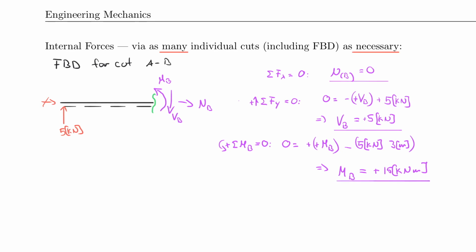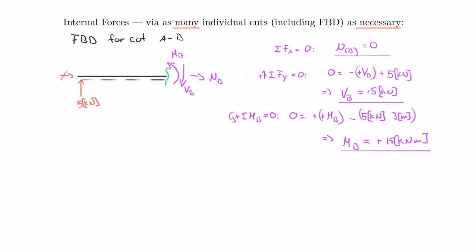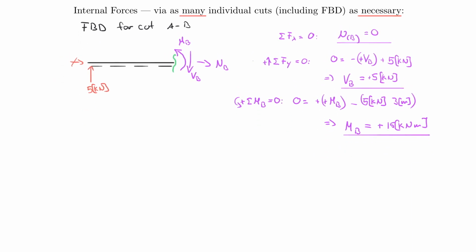Okay, now we are ready to make the next cut, and the next cut was at C. To do that, all I have to do is extend my free body diagram a little bit. So I'm going to do the free body diagram for A through C, if you will. It looks very similar, just a tiny bit longer.